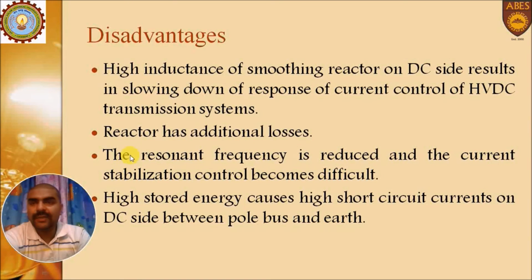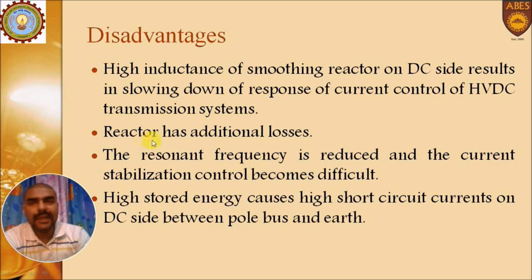Now the different disadvantages associated with the smoothing reactor. If the smoothing reactor has high inductance, this will slow down the response of current control, because as we are all aware, inductance has the property that it opposes the instantaneous change of current. If it is opposing the instantaneous change of current, it means it is slowing down the current control of that HVDC system.